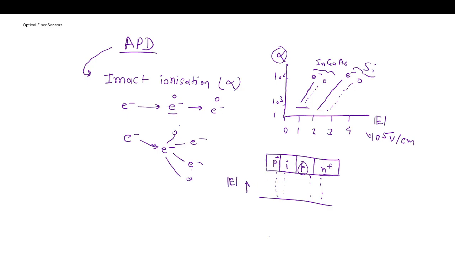If you see the electric field distribution, it will slowly increase, then it should go down, but it will not; it will follow the trend, and here suddenly it will jump sharply and come back. If it goes beyond this, we'll have impact ionization of electrons.